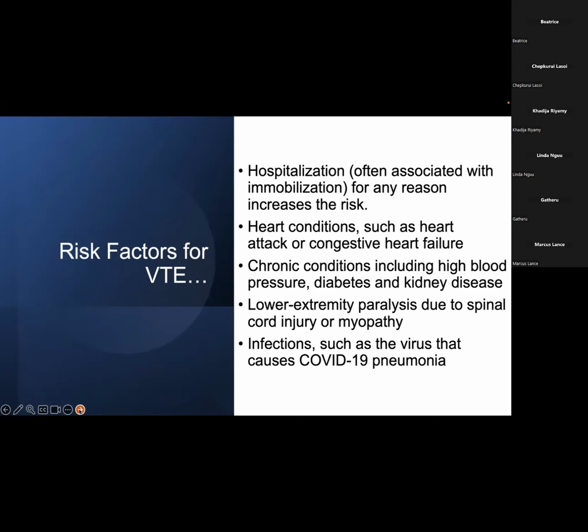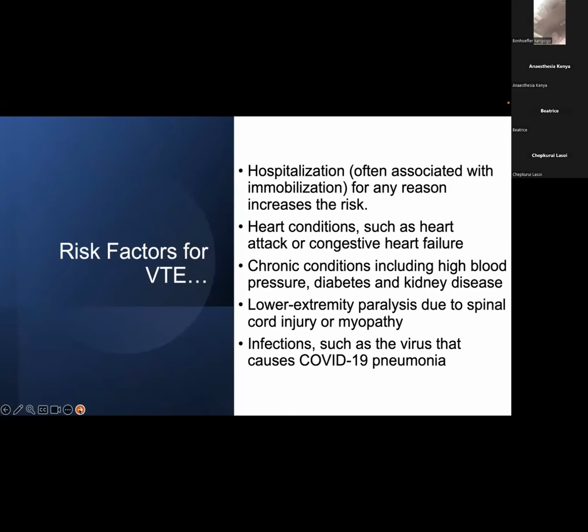Infections such as the virus that causes COVID-19 pneumonia have also been noted, and those who manage patients with COVID pneumonia will agree that they were coming with very high D-dimers and they were being given very high doses of anticoagulant because one of the most likely things to kill them was deep vein thrombosis leading to thromboembolism.